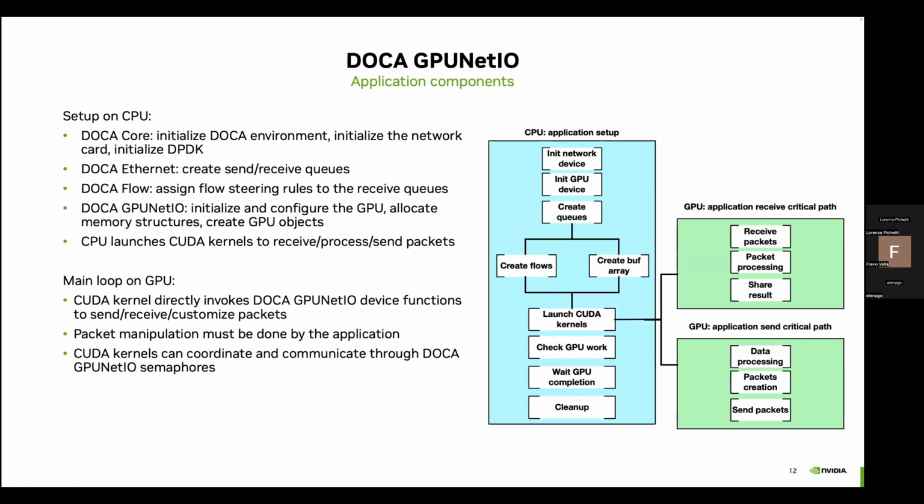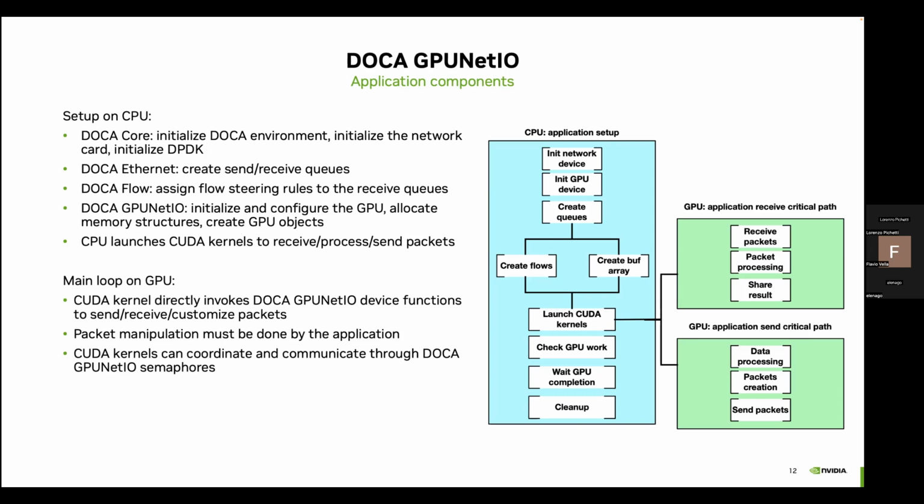Now, maybe this is redundant, but I want to add more details about how you can build an application using GPUs with DOCA, because a lot of people get easily confused. When you have a GPU packet processing application, you have an initial phase on the CPU where you do the configuration, the setup. When I say setup, I mean, as I mentioned before, using DOCA core to initialize the network card, DOCA Ethernet, and DOCA flow to create send or receive queues, depending on what you want to achieve.